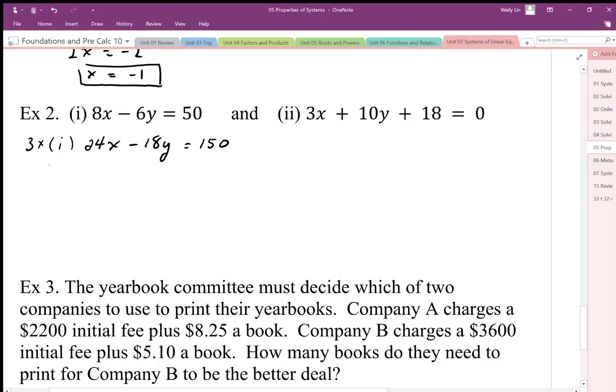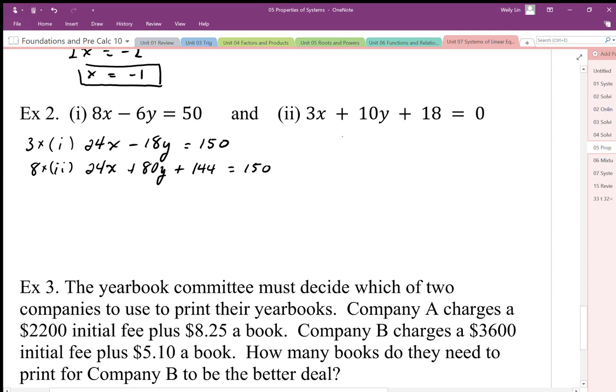And equation 2 I will multiply by 8 to get the lowest common multiple of 24x. This becomes 80y plus 8 times 18, that's 80 plus 64 is 144, equals 150.